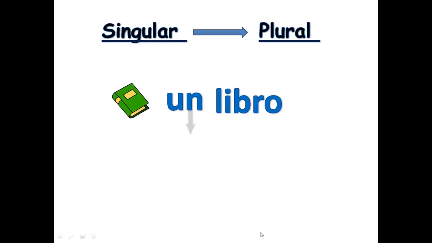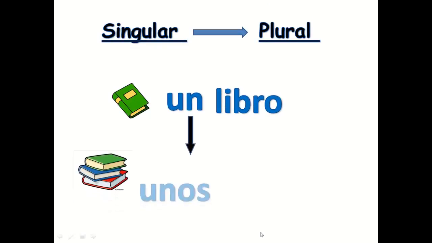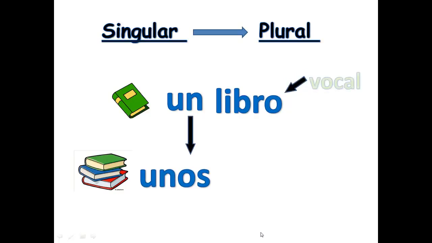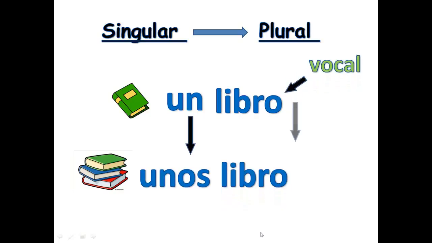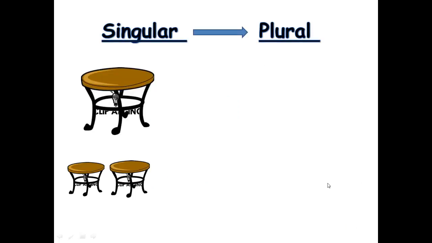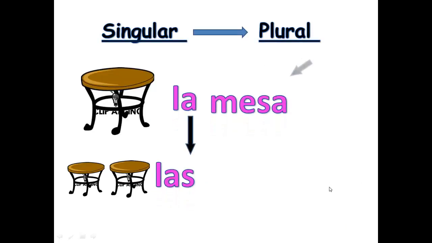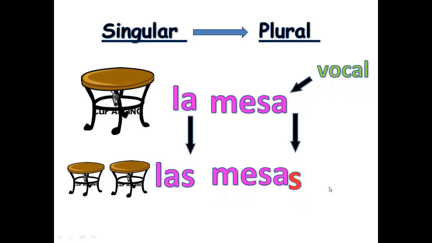Let's look at it with the indefinite article. So un libro, once again, un becomes unos, and libro ends in vocal, so all you need to do is add an s. Un libro, singular. Unos libros, plural. And let's go with the femenino now. So la mesa becomes las mesas.